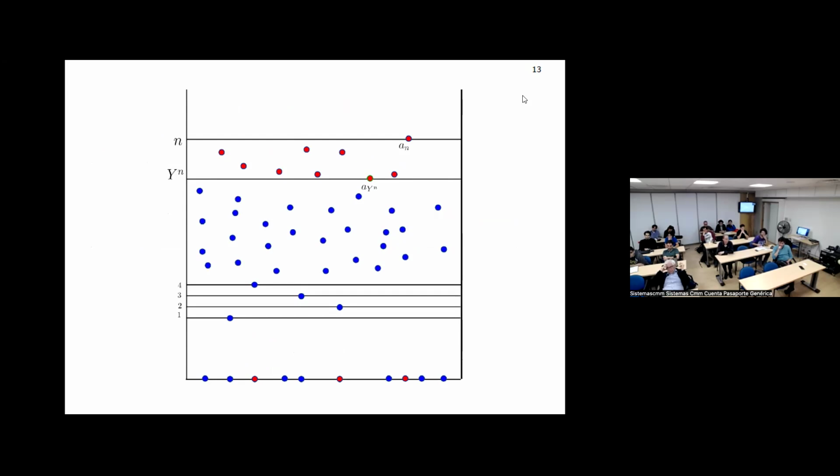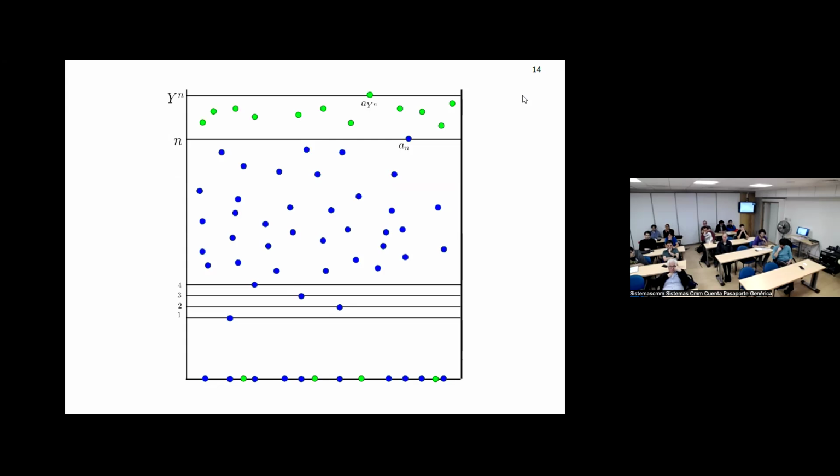The non-common points are the points that are between N and Y_N, and I put them in red in this case because Y_N is smaller than N. Y_N is a Poisson variable with mean N. So here you have represented the common points, and here the points that belong to the Bernoulli but do not belong to the Poisson, but it could happen the other way around. So when you project, most of them are common, and some of them will be non-common.